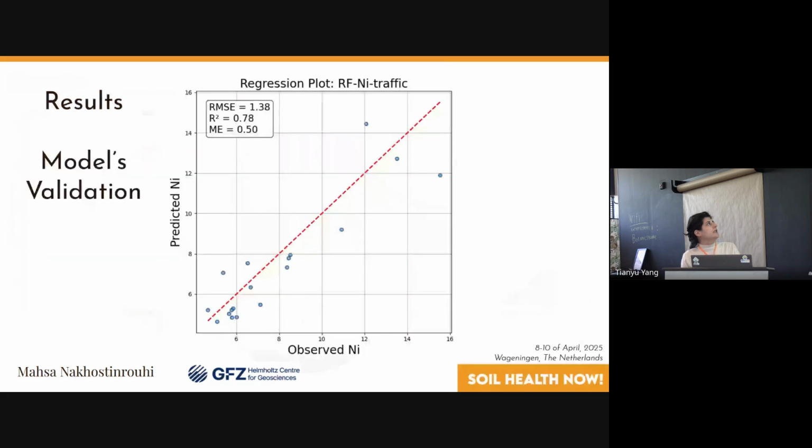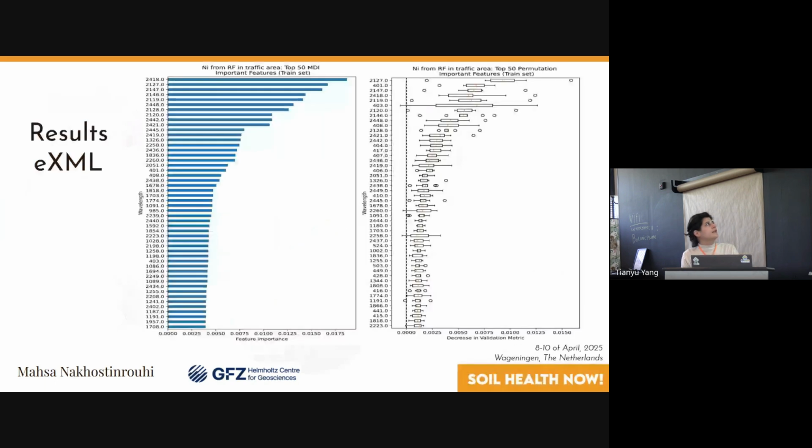Here you would see the plot showing the validation of our random forest model for prediction of nickel based on test data. And as you can see, the R-square measured was 0.78, which could be somehow acceptable for nickel in soil. And this slide provides the results coming from explainable machine learning in two plots.